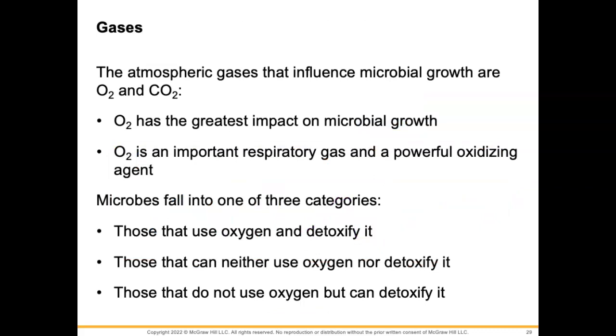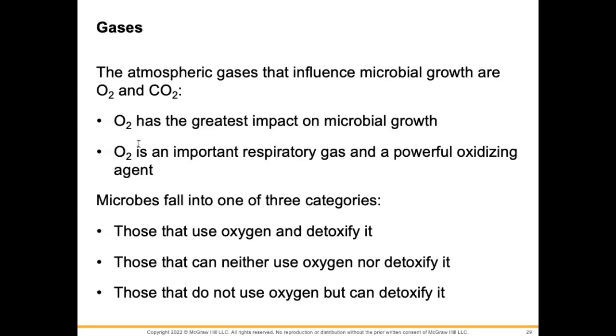So moving on, other things that microbes prefer or need have to do with gases. The atmospheric gases will have an influence on microbial growth, and the ones in particular that do are oxygen, O2, and CO2, carbon dioxide. Oxygen has the greatest impact on microbial growth and is an important respiratory gas and a powerful oxidizing agent.